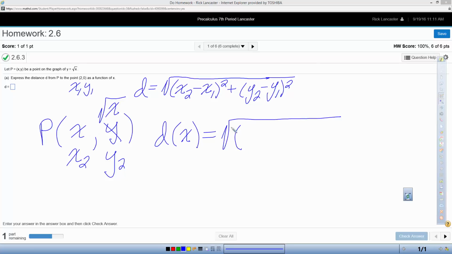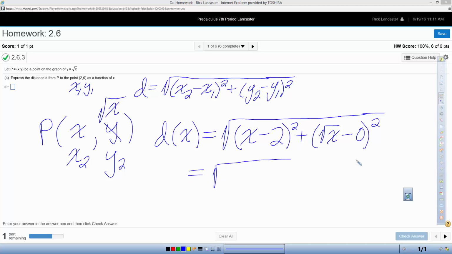So x2 is going to be the variable x, minus x1, which we've labeled our first point here, so that's x minus 2 squared, then plus, parenthesis, y2, which is going to be the square root of x, minus y1, which is 0. We wouldn't have to actually put it in. So that's our function. Now the book probably wants us to simplify, so we'll go ahead and do that.